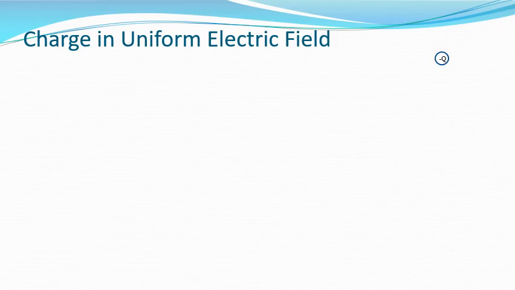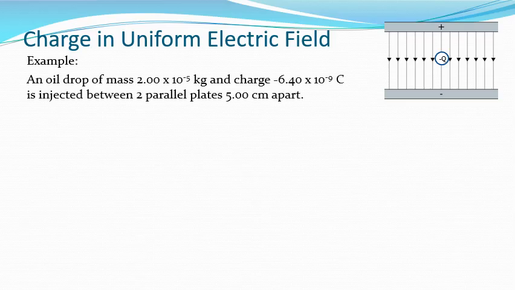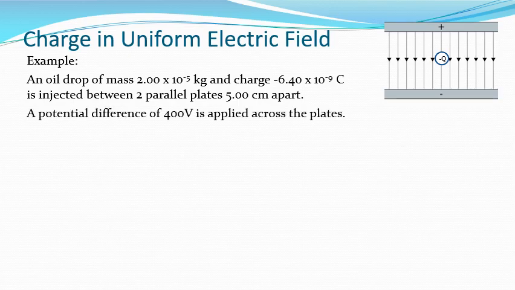Okay, so let's look at a problem of a charge in a uniform electric field. So we've got charge Q here. This is actually a charged oil drop, and it's placed in a uniform electric field between two parallel plates. And we're provided with the mass of the oil drop and the charge on it. It's got a negative charge of minus 6.4 nanocoulombs, and the parallel plates are 5 centimeters apart.